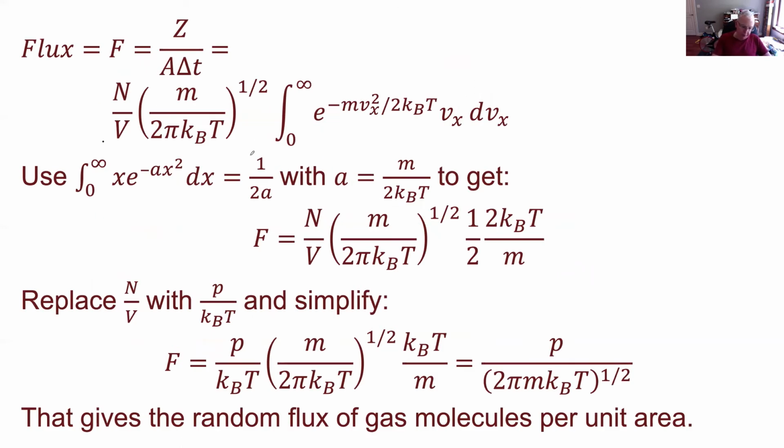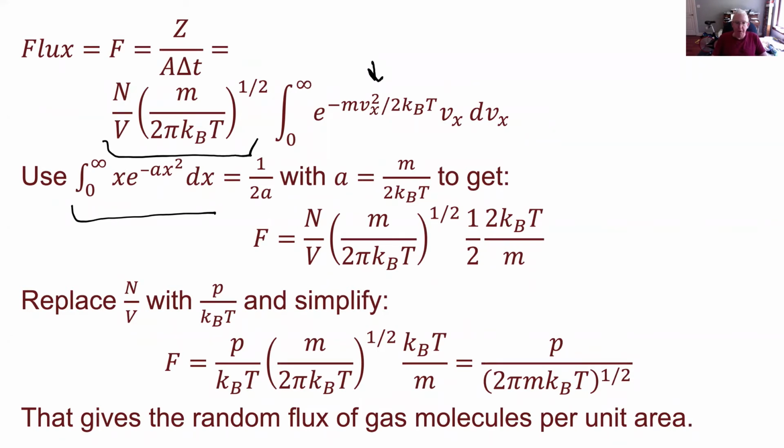All this stuff here is independent of vx, so it doesn't get changed when I integrate it. Turns out there's a standard form that says that that integral is equal to 1 over 2a, where a is whatever is multiplying the x squared piece in the exponent. That form matches the equation that we've got, because here I've got a vx squared in there.